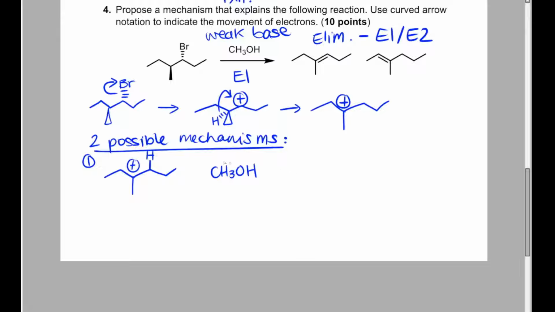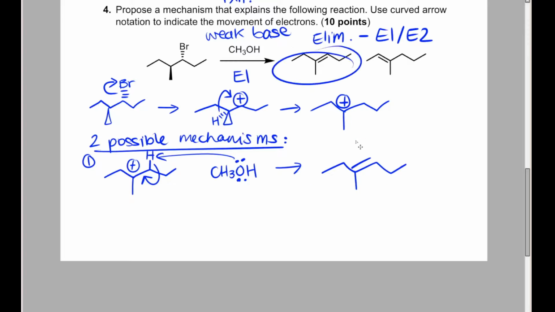In this case, the oxygen is going to be electronegative. It's going to grab onto the hydrogen, and then this bond will turn into an alkene. And because the leaving group's already gone, we don't have to do any more pushing out the leaving group. So we're just going to get something that looks like this, which matches up with this first product.